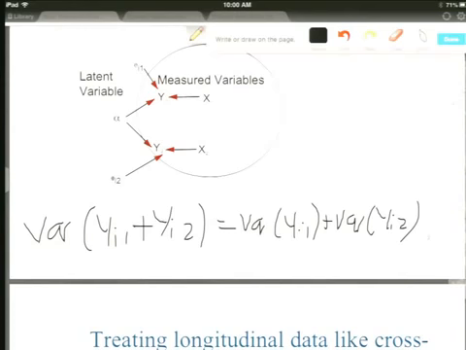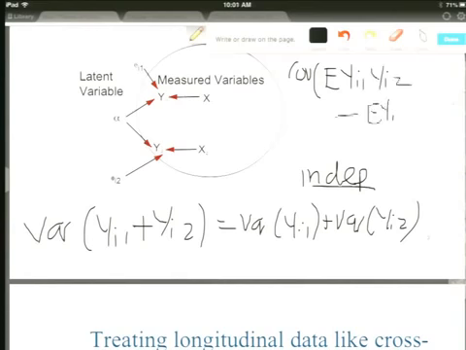Covariance, if you look at the formula that defines covariance, it would be E of yi1 yi2 minus E yi1 E yi2. So the mean of a random variable, which is just one of them times the other, that's this part, minus the mean of one times the mean of the other. This was poorly written.